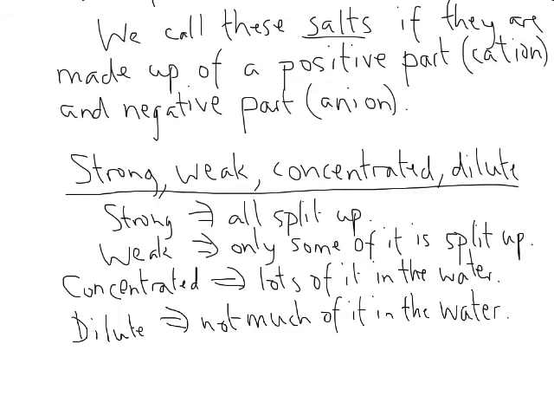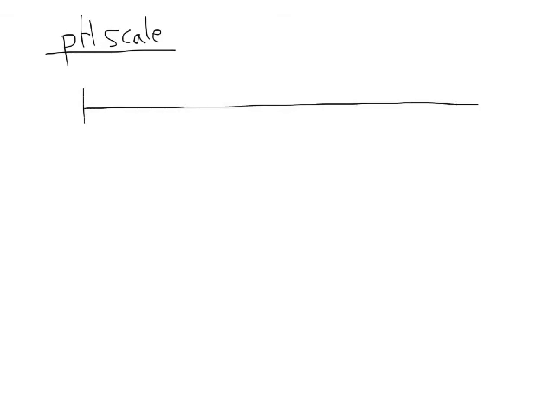Okay, now we're going to go into the pH scale. Our pH scale goes between 0 and 14. In the middle is 7. It's not quite the middle, I'll rub that out and do a better middle for you. That's about the middle. 7 is where we have pure water.